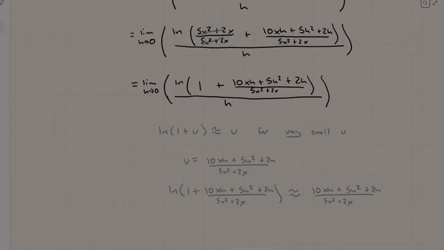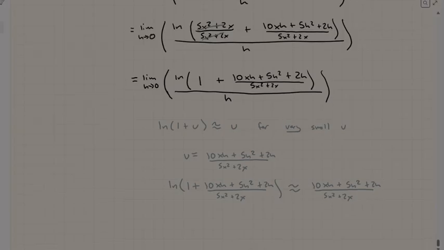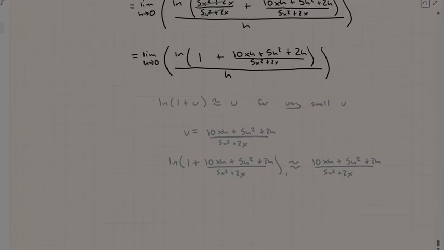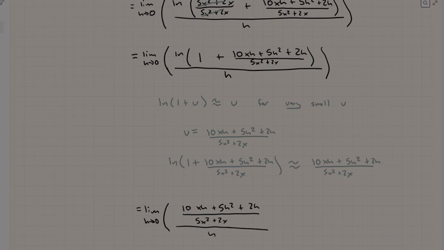That just means we're going to clean this up a little bit. Instead of writing ln of 1 plus that stuff, we'll just have that stuff. So 10xh plus 5h squared plus 2h over 5x squared plus 2x, and that's still over our denominator of h.